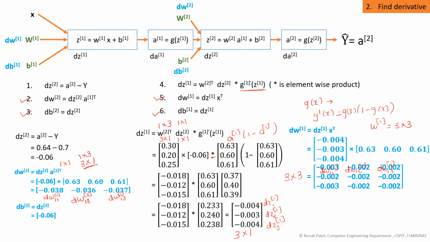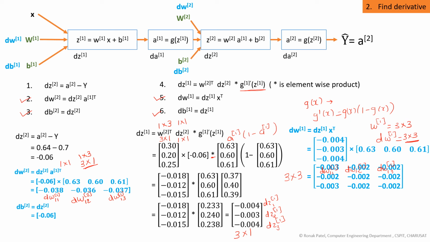And if you find dW1, then that must be 3 cross 3, the loss derivative with respect to the weights must give you this 3 cross 3 matrix only.